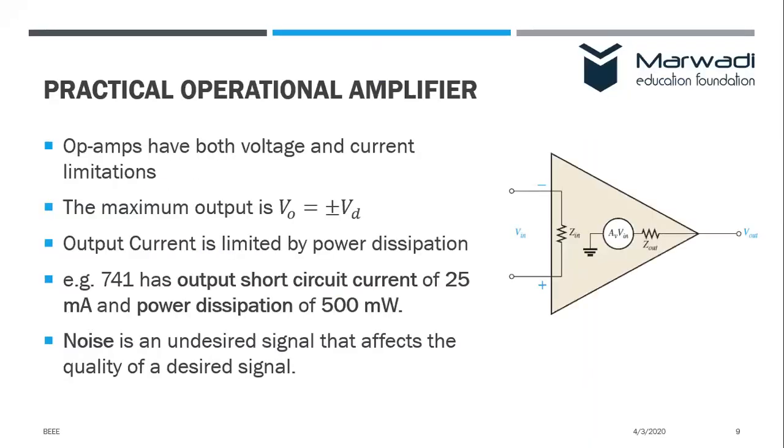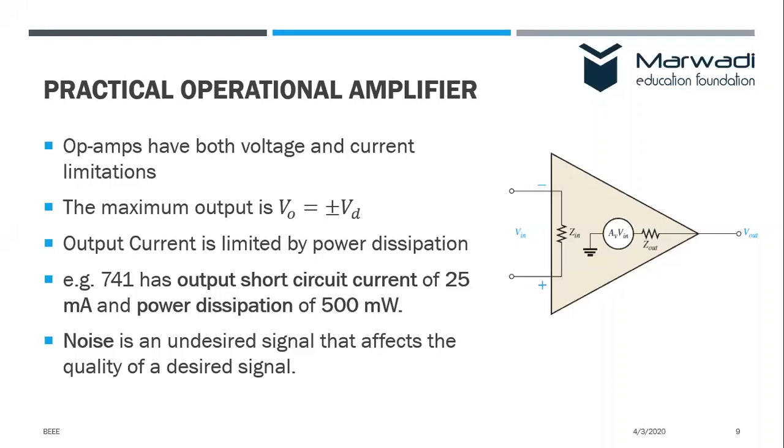Now the practical operational amplifier has voltage as well as current limitations. Maximum output is limited between the supply voltages, that is plus VD and minus VD. At the same time, the output current is limited by the power dissipation, the power which can be dissipated inside the integrated circuit. So for example, 741 has a short circuit current of 25 milliampere.